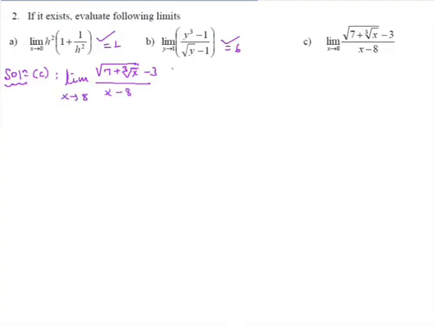If we directly substitute 8, radical 7 plus cubed root of 8 minus 3, cubed root of 8 is 2. This means radical 7 plus 2 minus 3, the result is 3 minus 3, which is 0. The numerator becomes 0.